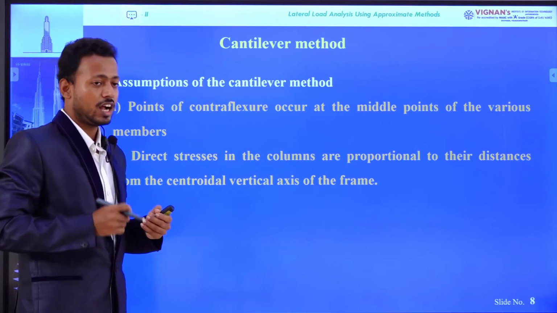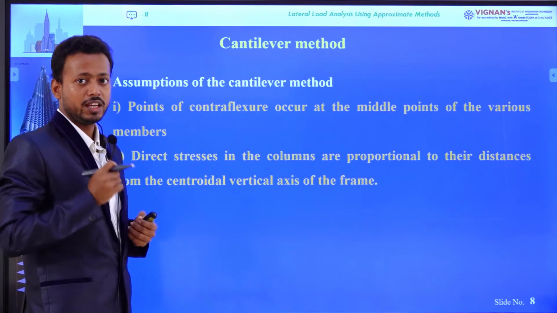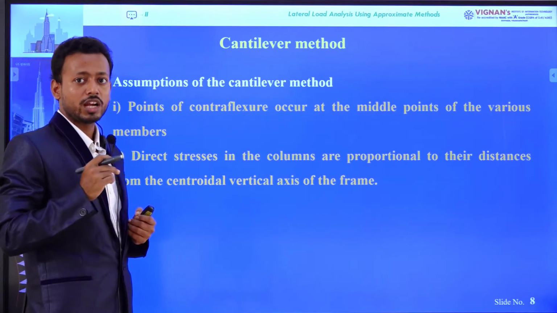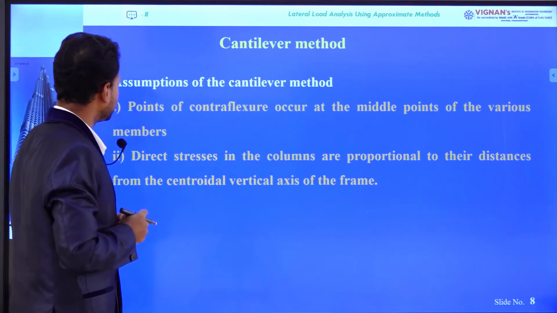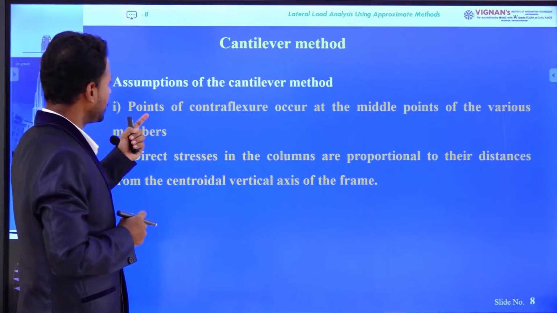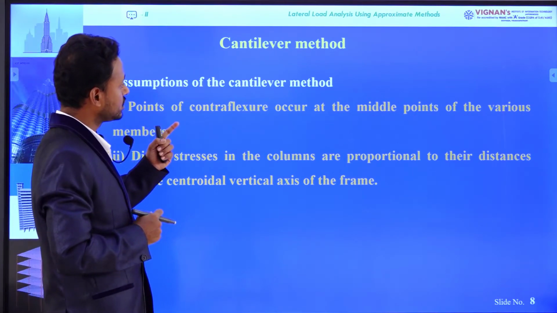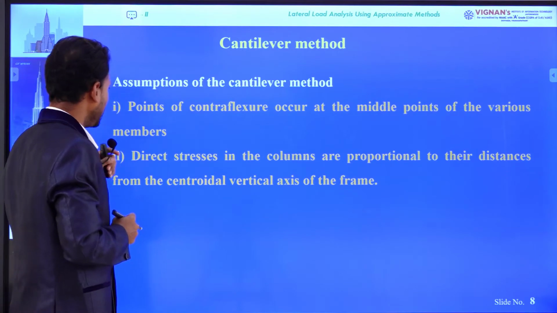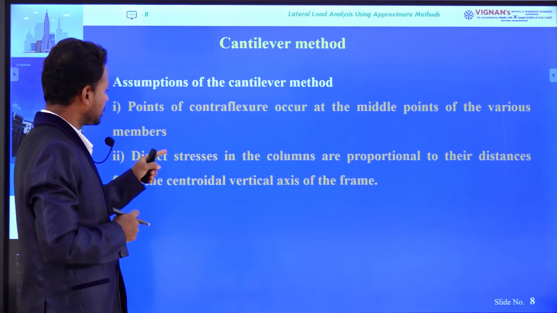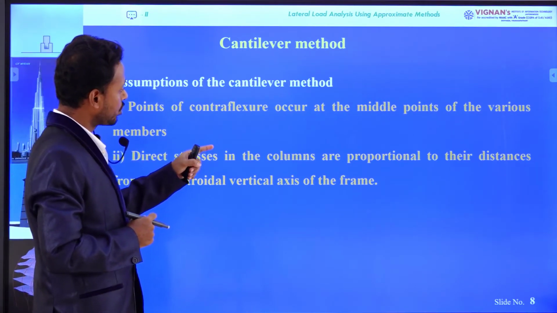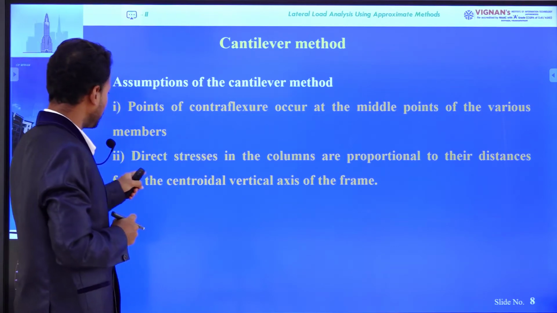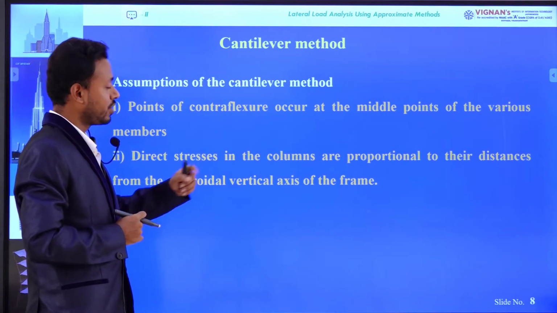Now let us start with the cantilever method. In the cantilever method we have two assumptions. The first assumption is the same: the point of contraflexure will occur at the middle points of the various members. The second assumption is that direct stresses in the columns are proportional to their distance from the centroidal axis of the frame.